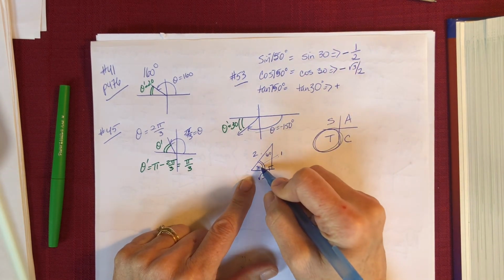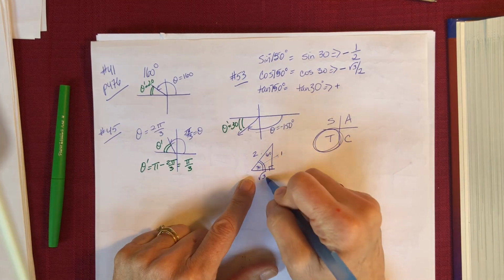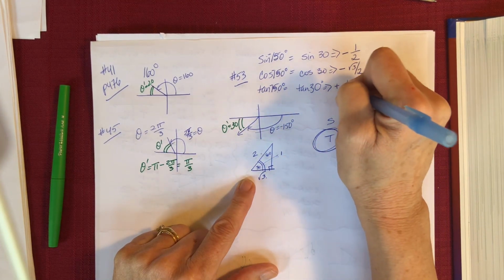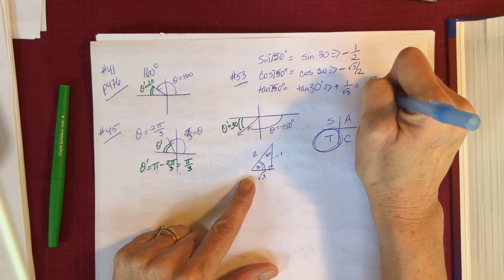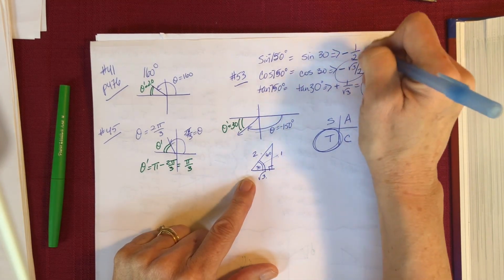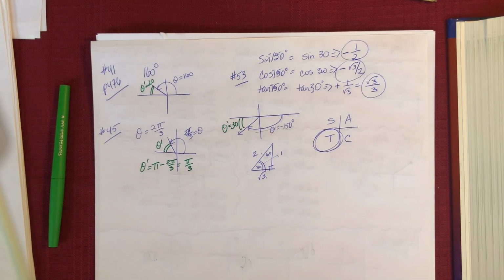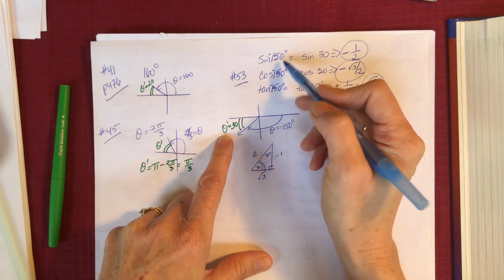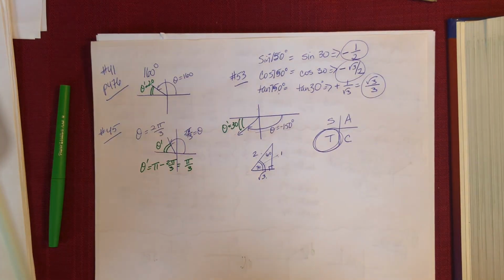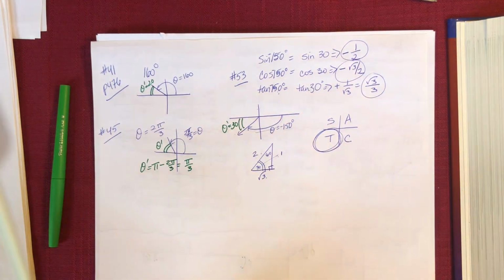And tangent, TOA, opposite over adjacent, so that's going to be 1 over √3, and we never leave it that way. It'll be √3 over 3. Okay, so look at that. We used the reference angle of 150 degrees, which was 30, to go ahead and find the sine, cosine, and tangent without a calculator of those angle measures.